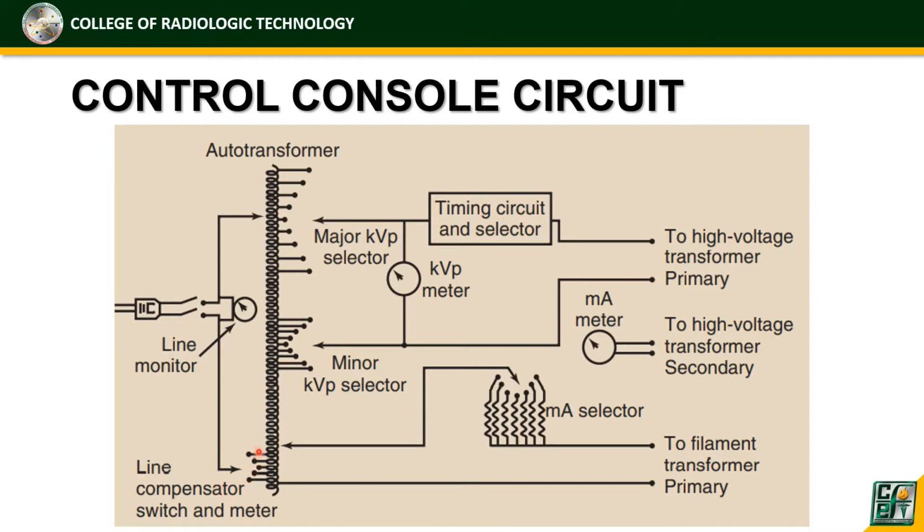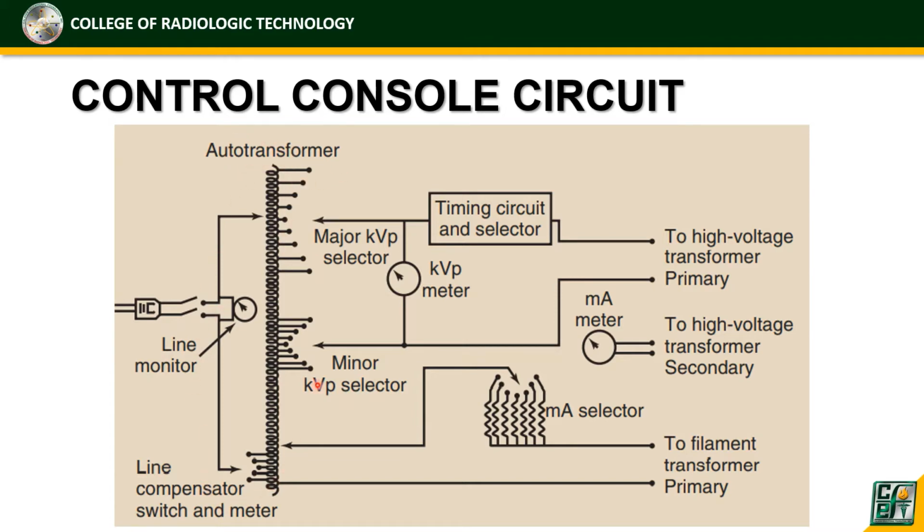But in modern X-ray machines, line compensation is automatic. Later we will explain what the line compensator is. And of course, the auto transformer.